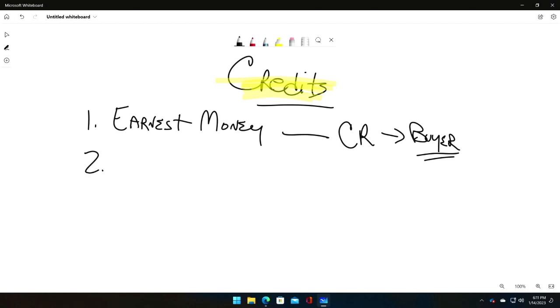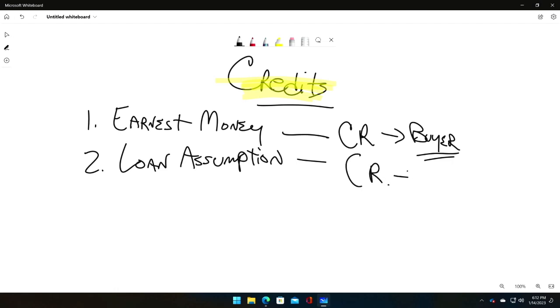If there is a loan assumption, in other words, the buyer is assuming the seller's loan, that would be a credit to the buyer.